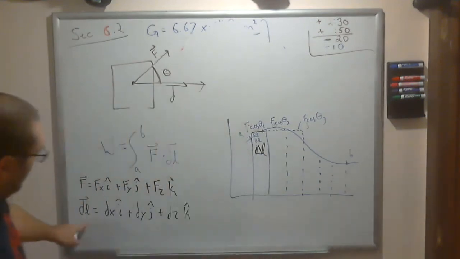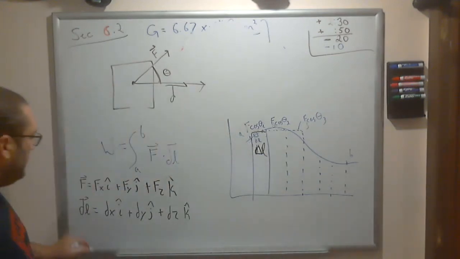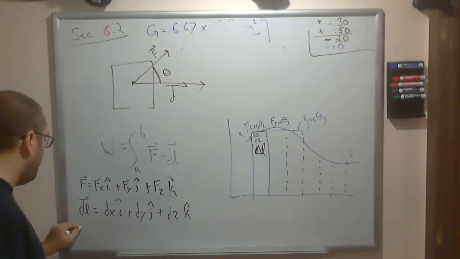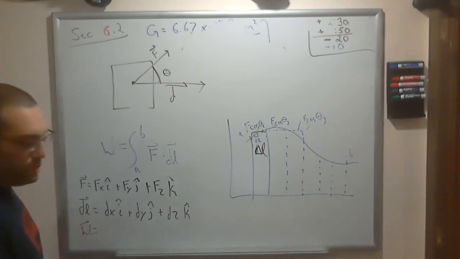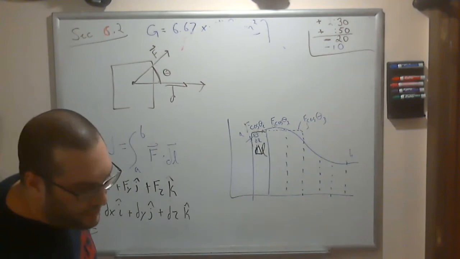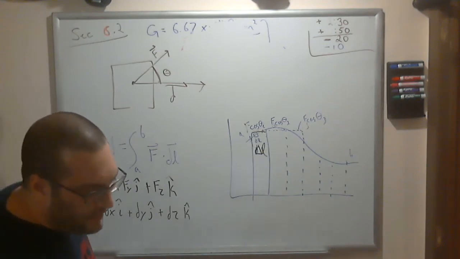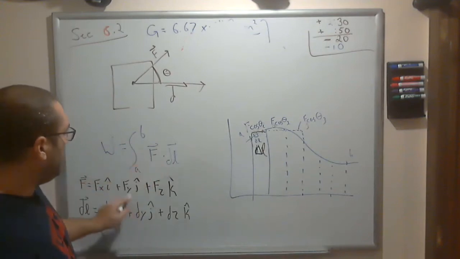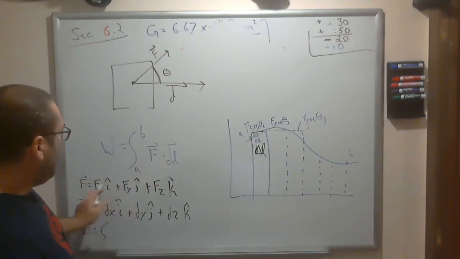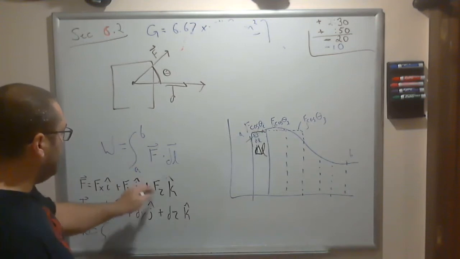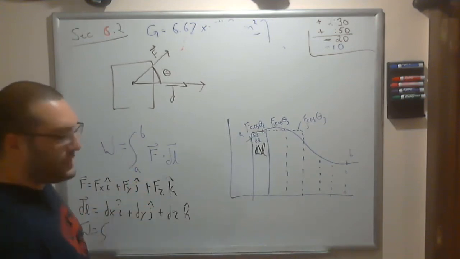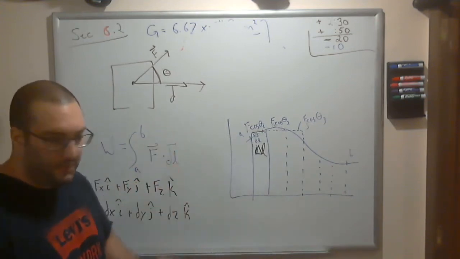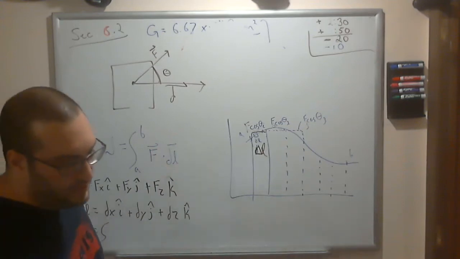And then if it's like this, the work ends up coming out to be, you can break up the vectors into the different integrals. When we take the dot product, we get rid of the direction, and you just multiply the terms along the same components.